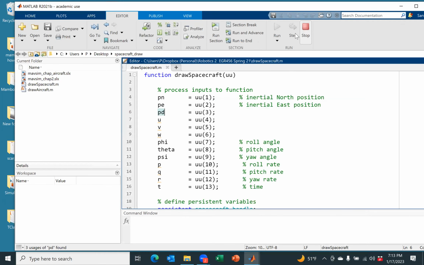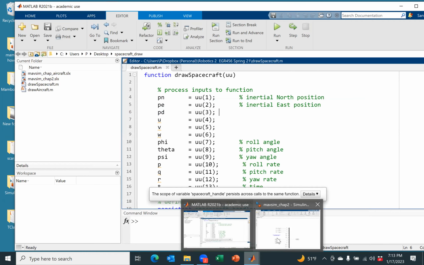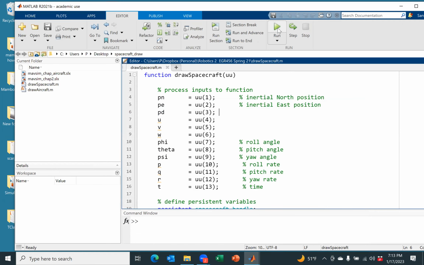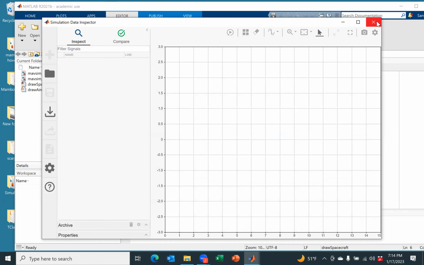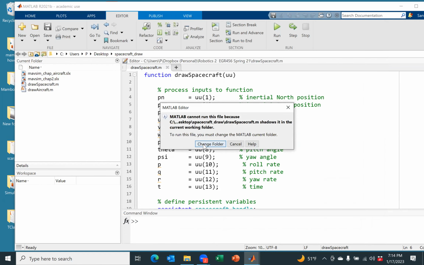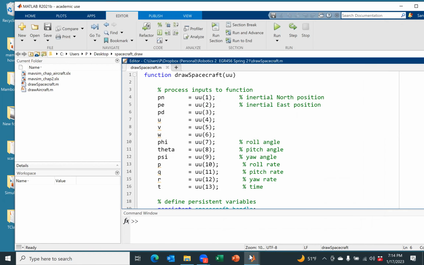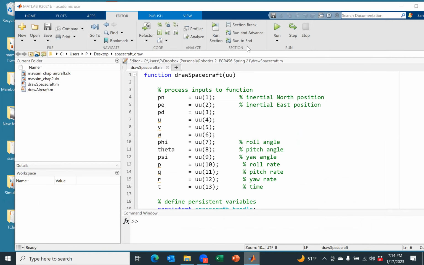Okay. So first, easy. Really. So first, run this. Change folder. Go here.